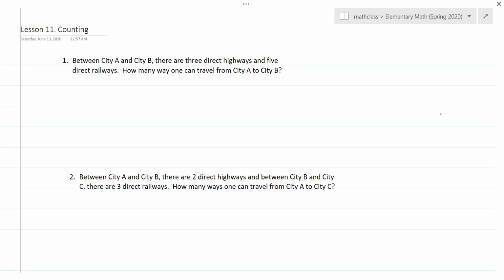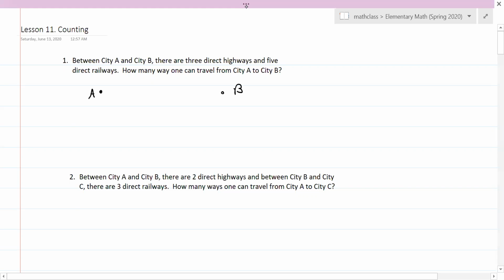Between two cities, city A and city B, there are 3 direct highways and 5 direct railroads. I'm going to draw the picture a little bit better.